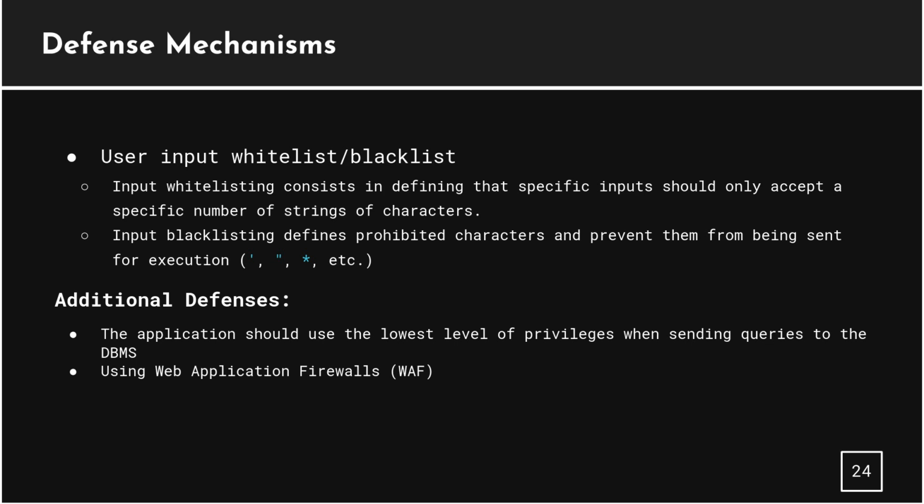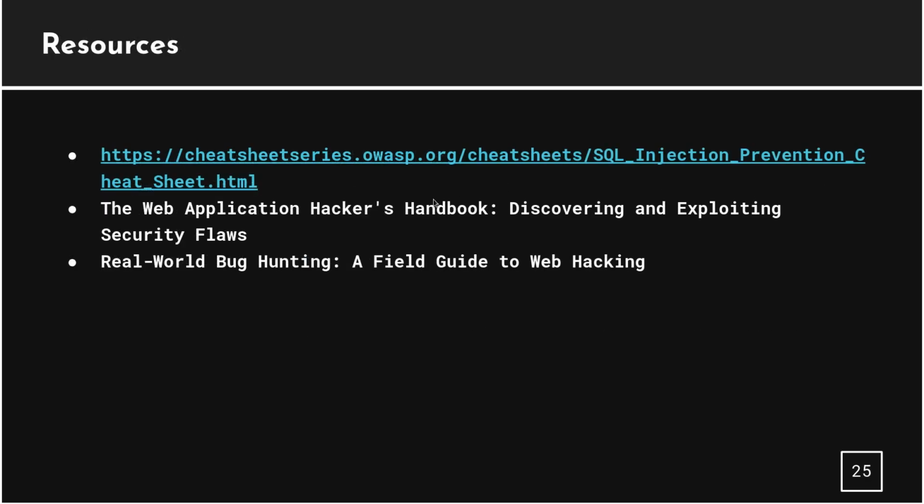If they see that the HTTP request has some suspicious characters, which are of course configurable, they will just reject that request. So it acts as a more advanced input whitelist or blacklist. So that's it for defense mechanisms.